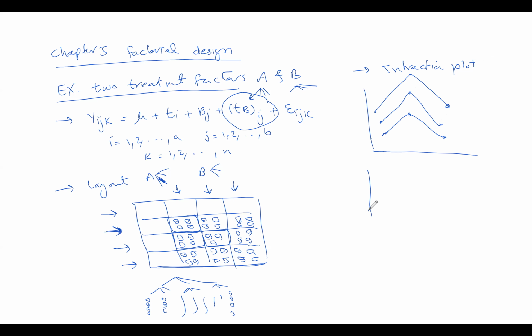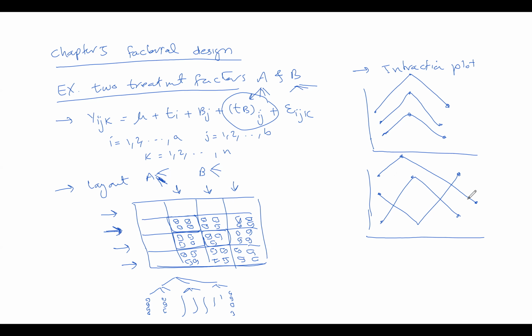But if there is some intersection, like this is the first one, and maybe this one is the second one, maybe this one is the third one. So it means there is some interaction between the two treatment factors.